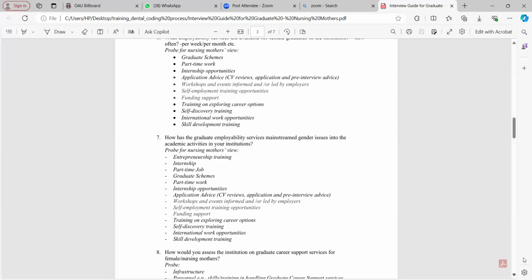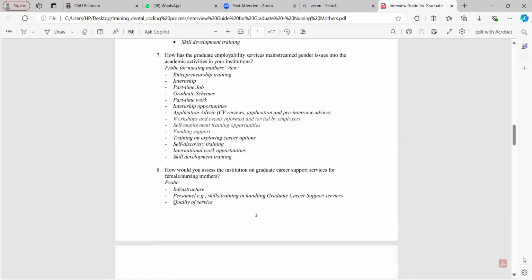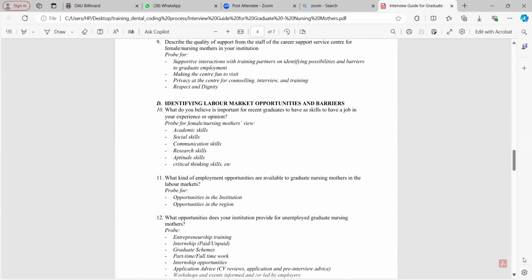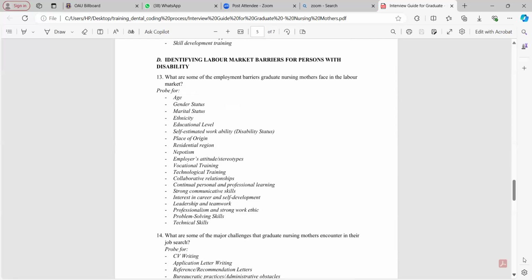No. Having answered on application advice, then you go on and say, do you think that if the university had given some funding or some self-discovery trainings on graduate employability, it would have made it better for graduates of the university to have been employed? So it's a probe. So these are examples of what an interview guide could look like.